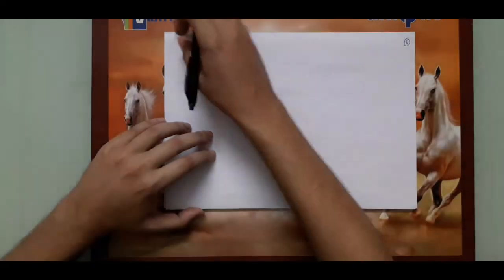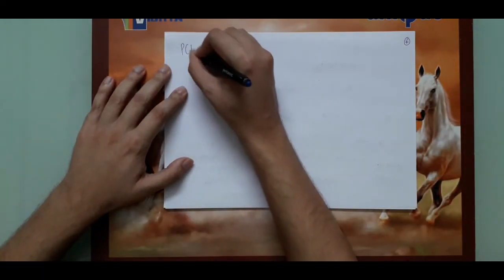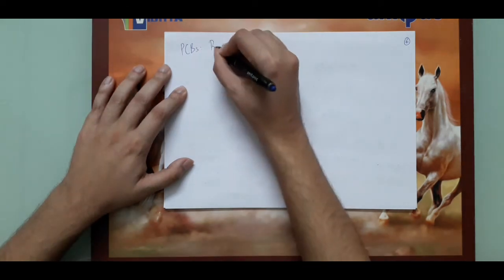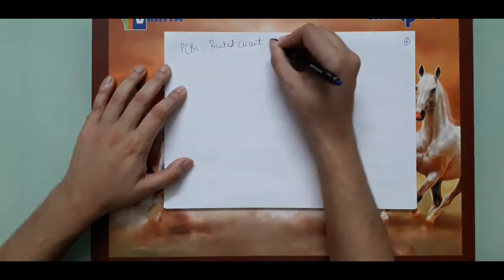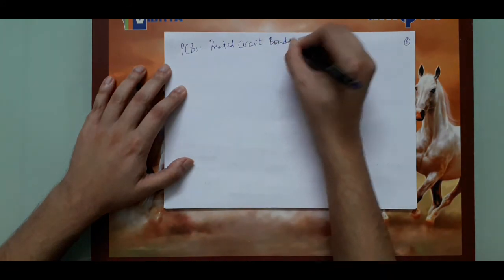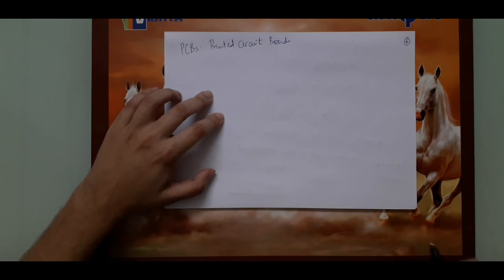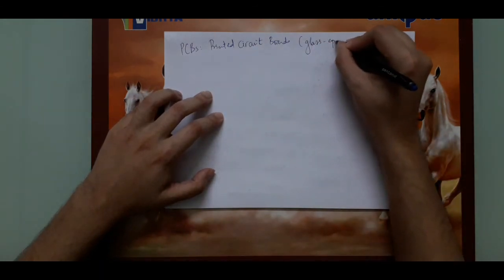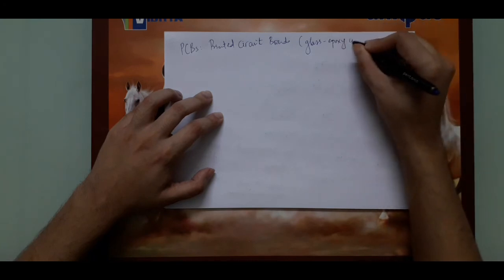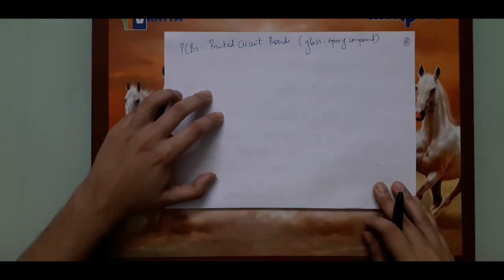PCBs are made of a compound called a glass epoxy compound, which is a dielectric.